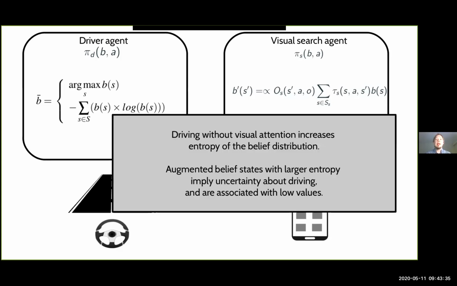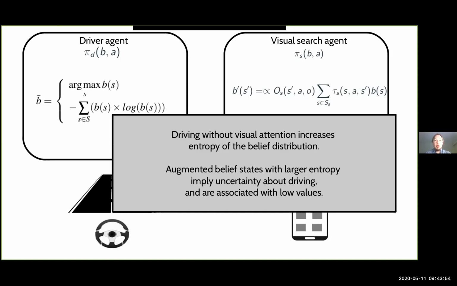So we might say that without visual attention, when the driver agent is driving, this increases the entropy of the belief distribution. This means that there is accumulating uncertainty about the state of the driving world.